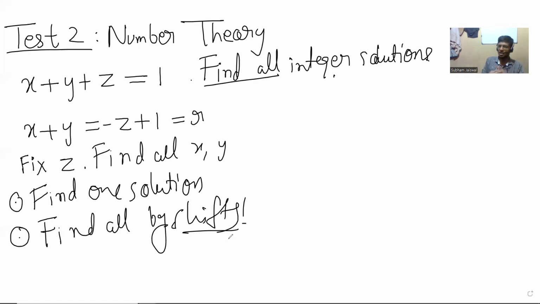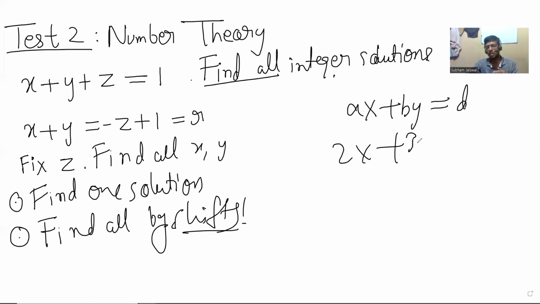Am I rushing it? Is it clear? Find one solution and then shift them to find all solutions. Yes, exactly. You can find one solution and you can shift it. So we had proved this, right? That you can look at ax plus by equal to d, 2x plus 3y equal to 1 or 5, that does not matter.